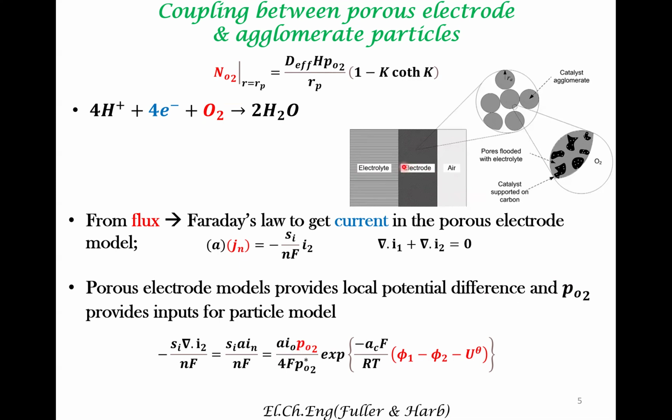Okay, so when we are thinking about the variation across the porous electrode, we use the porous electrode model, which has been developed in the last few lectures. And some parameters have to be obtained by solving for transport and current within the catalyst particle.